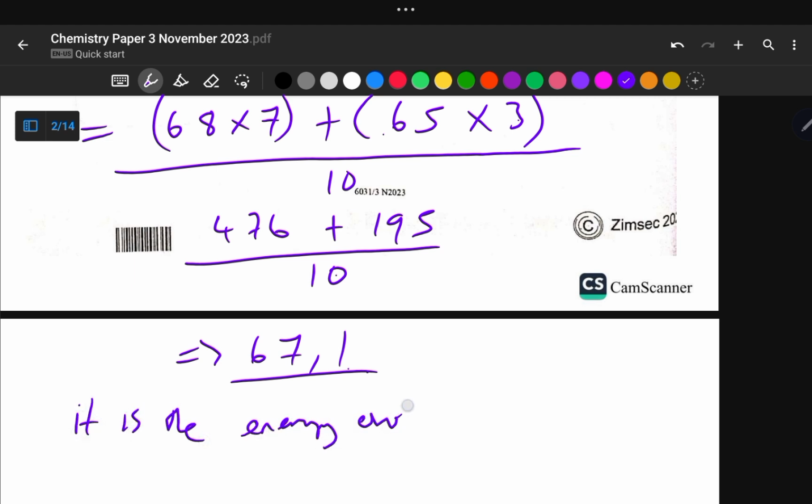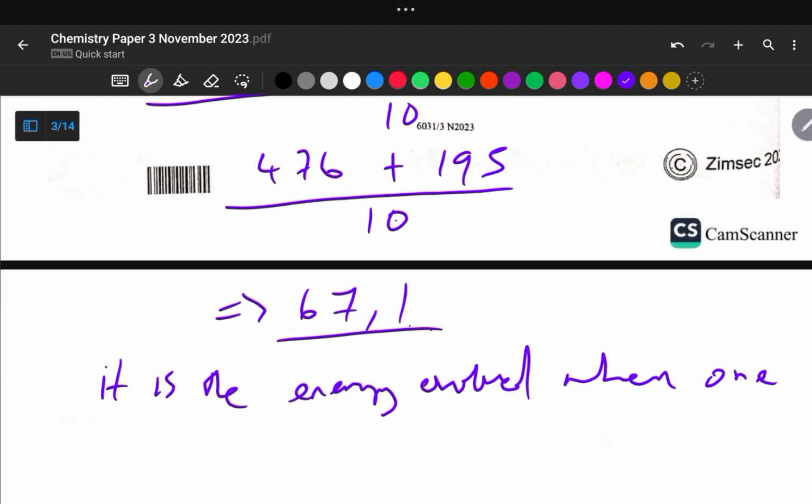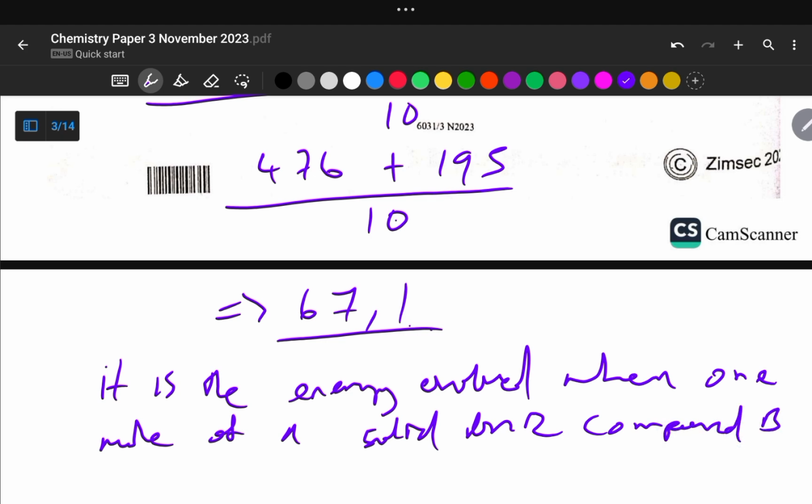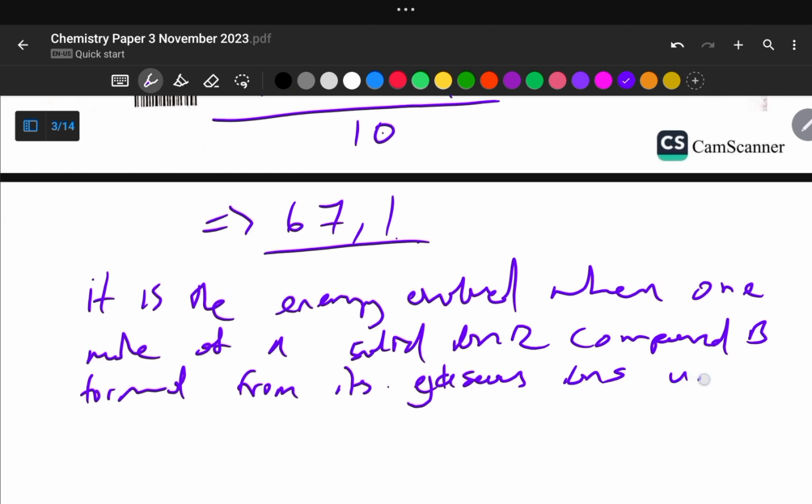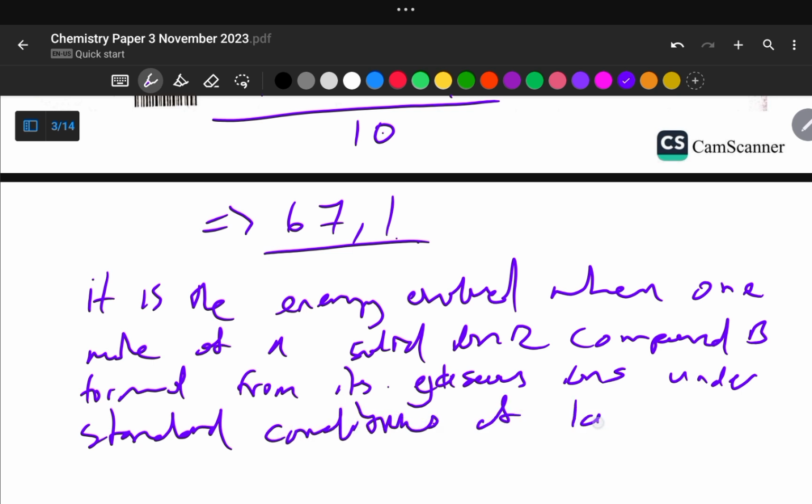You should also state the standard conditions of 1 atm and a temperature of 298 kelvins.